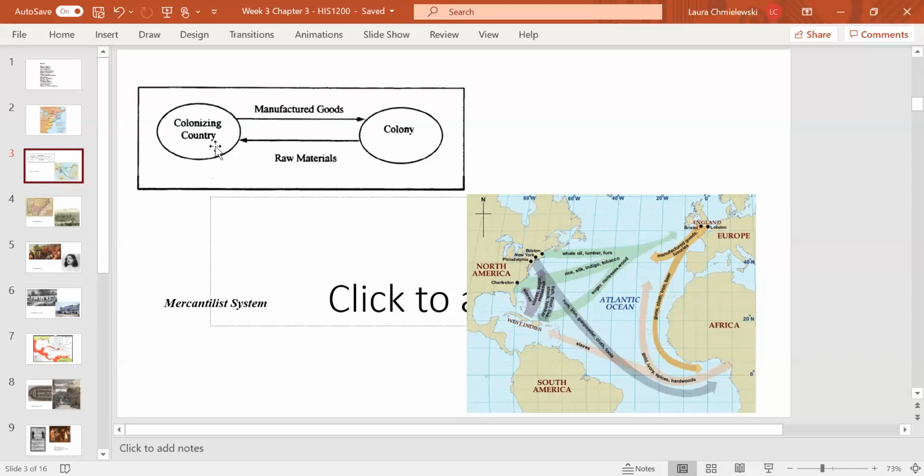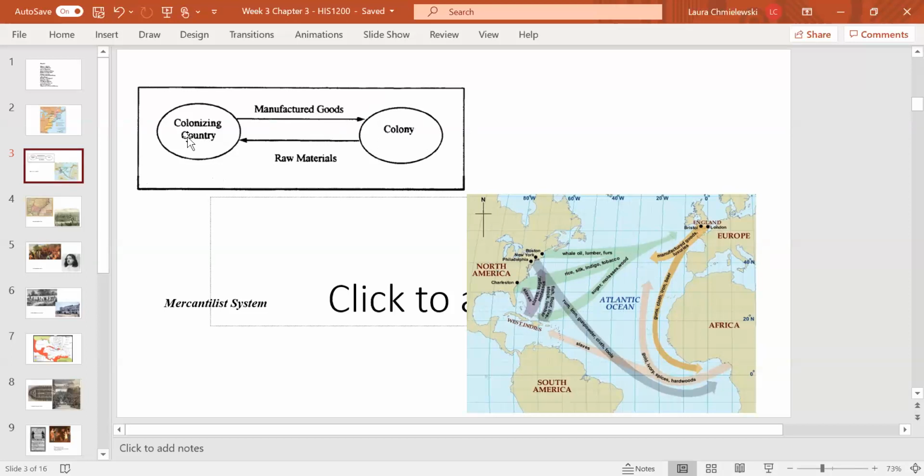So the colony itself, this is a little bit backward. Think of this as England's North American colonies. And they are producing raw materials. That is, they are producing, as illustrated here, whale oil, lumber, fur, rice, silk, tobacco, etc. And those raw materials are being shipped off to the colonizing country.